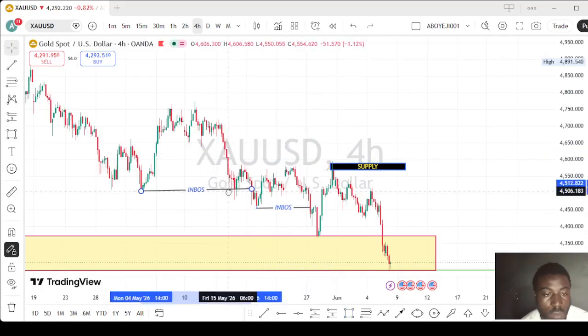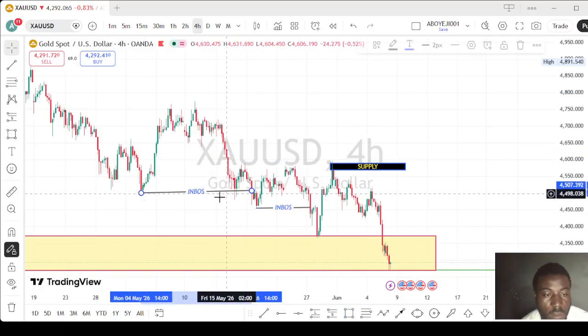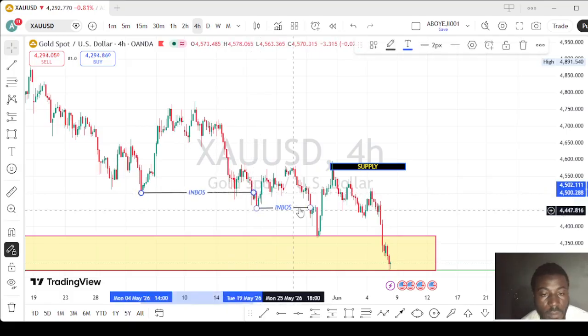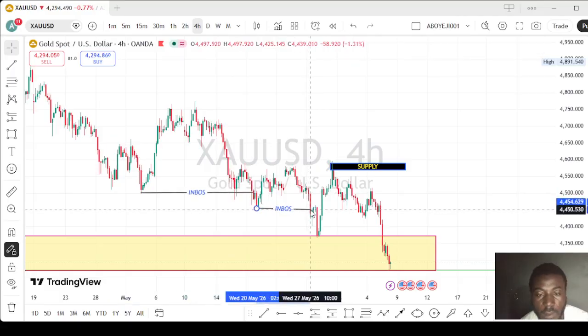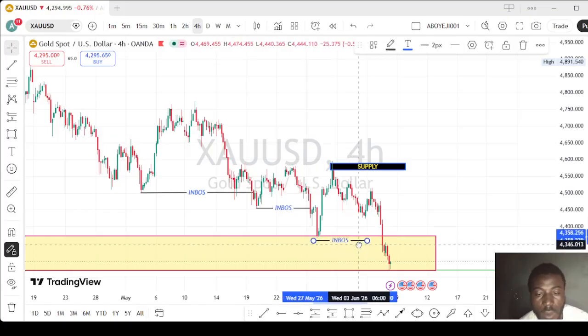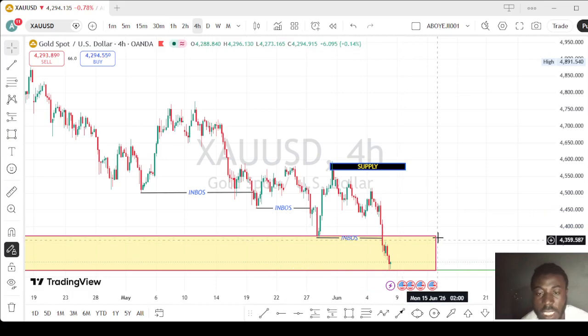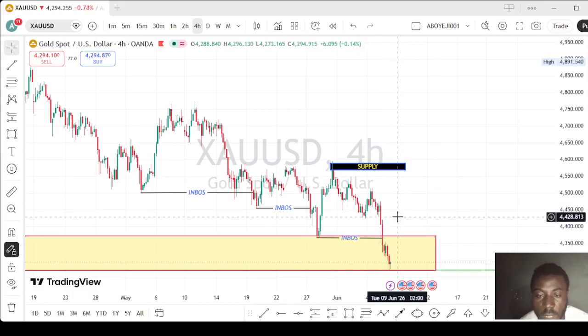Because this is a break of structure market, and this is a break of structure market too. So we guys, be patient on this market.